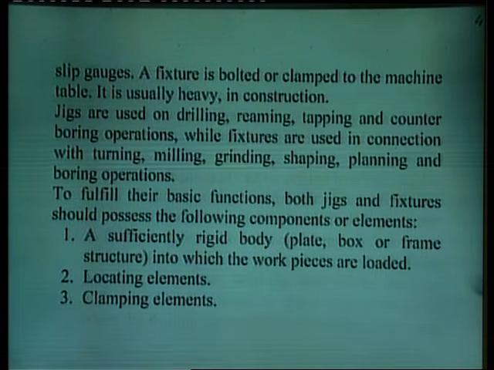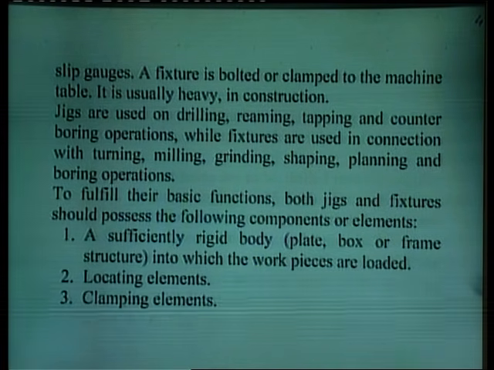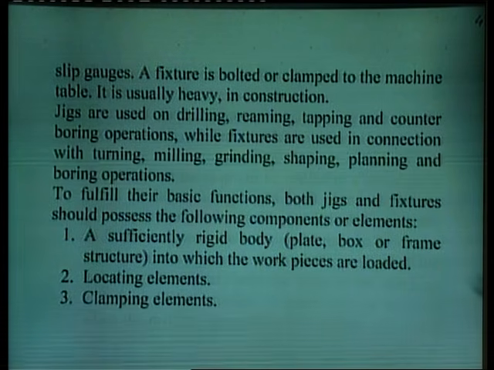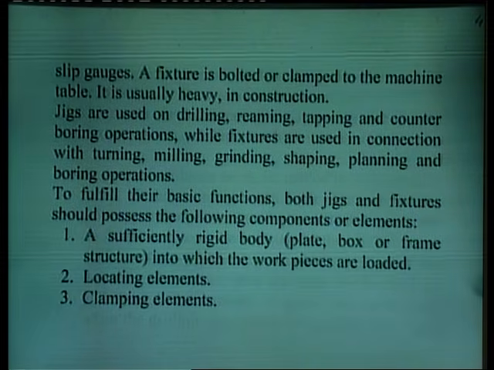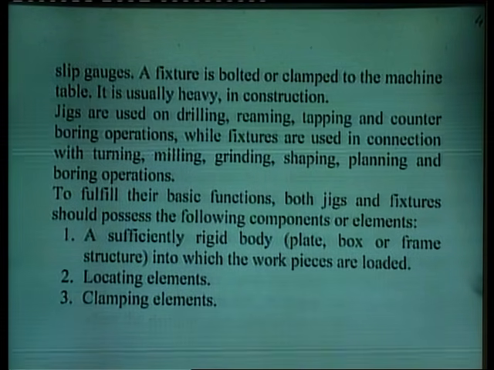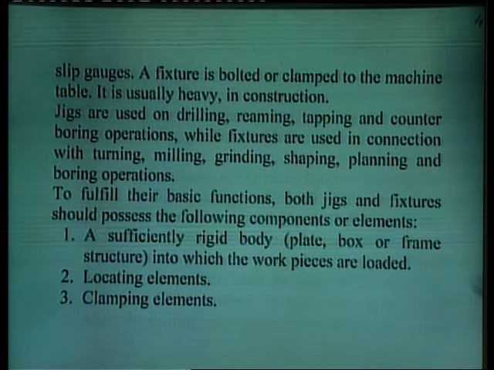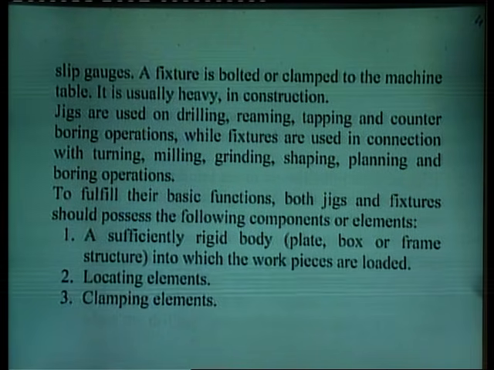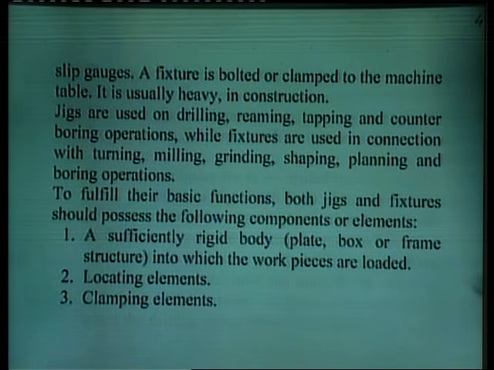So, let me repeat. A jig is a device which is used to hold and position the workpiece. At the same time, it locates and guides the tool with respect to the workpiece itself. Because jigs are lighter in construction, they are not attached or fixed to the table of the machine.